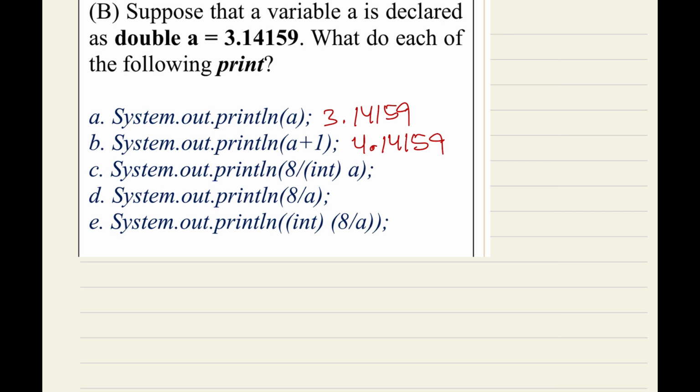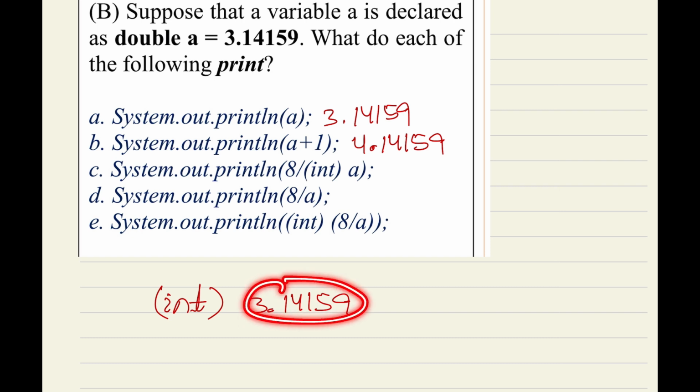Here you can see this int is written before a. So it means in place of a you can consider 3.14159. If you write one type before the value, then we want to convert this value to integer type.